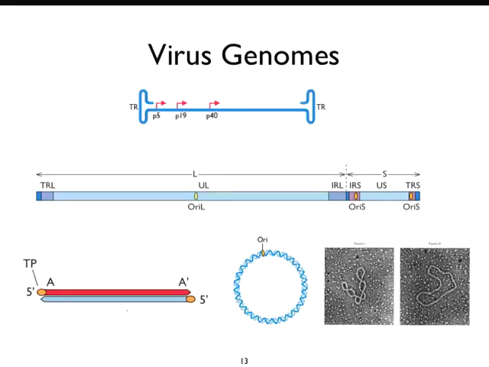So we're back to our genomes. And once again, we're going to start here with the Parvoviridae. We're not going to actually start with that. The initiation site for the Parvoviridae is right here, or here, depending upon whether this is a plus or a minus strand.